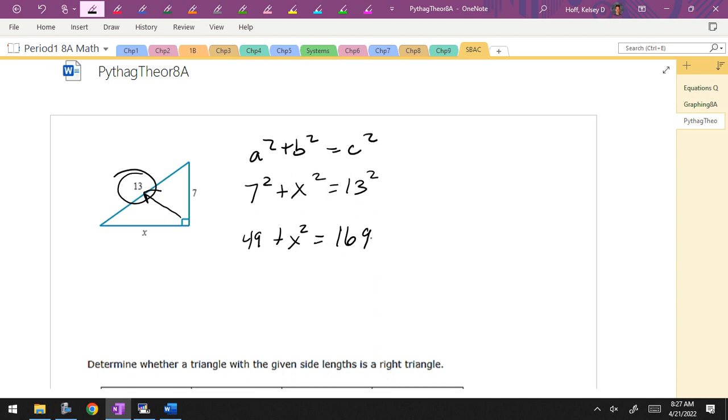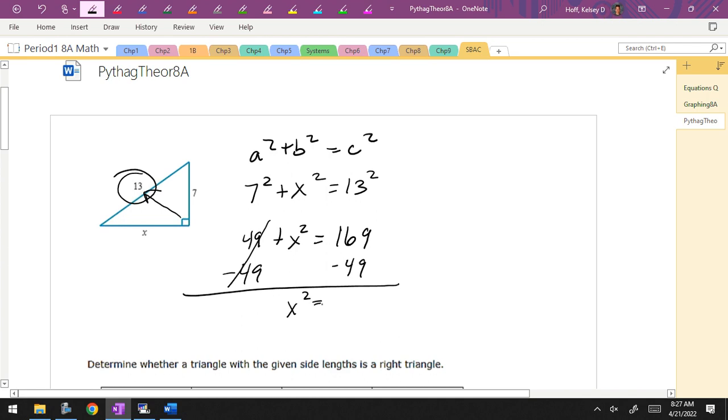Now what do I do? Subtract what? Very good. I got to get x by itself. So I'm going to subtract 49 from both sides. X squared equals 120. Now I need to do the square root.